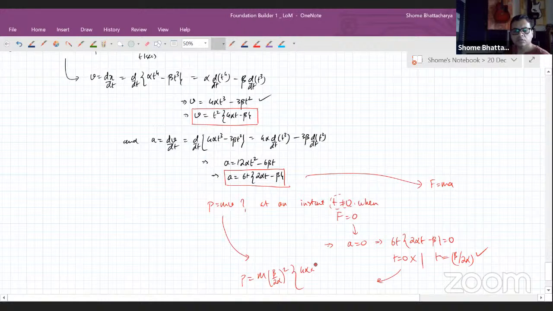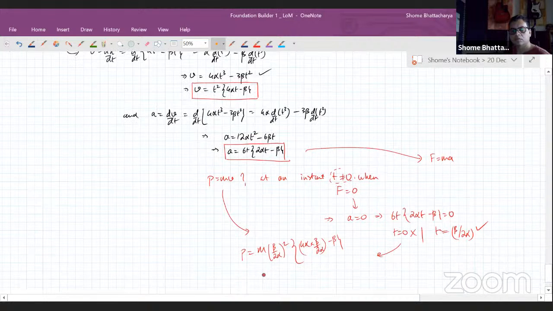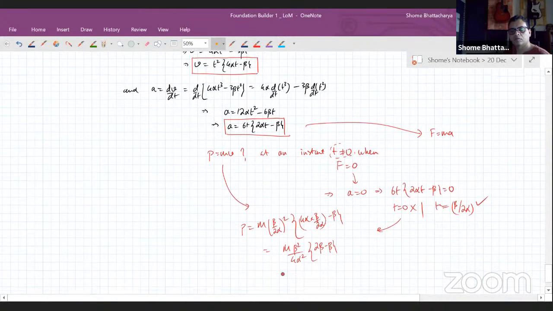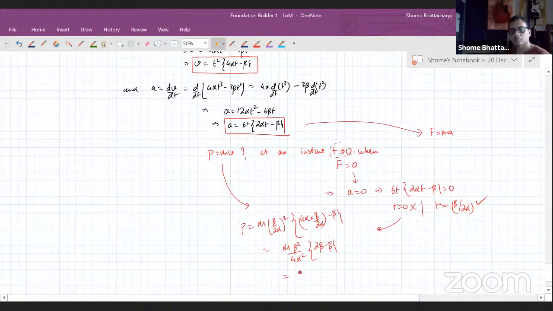Momentum is mass times t square times (4 alpha t minus 3 beta), where t is beta by 2 alpha. So this becomes the momentum at the instant when force is 0 or acceleration is 0.